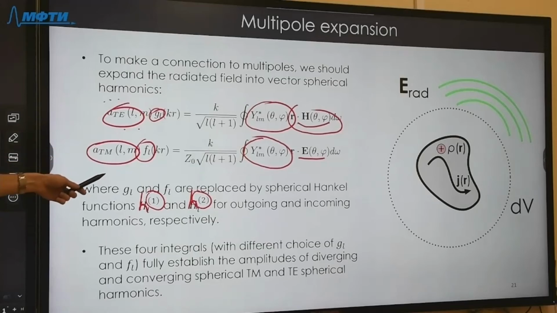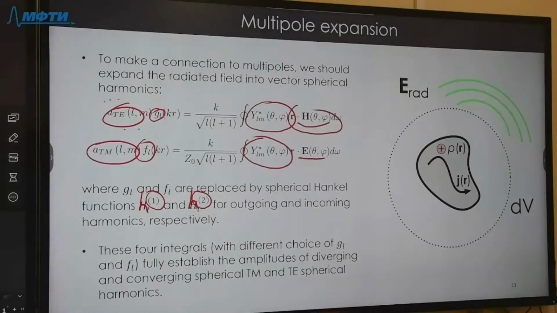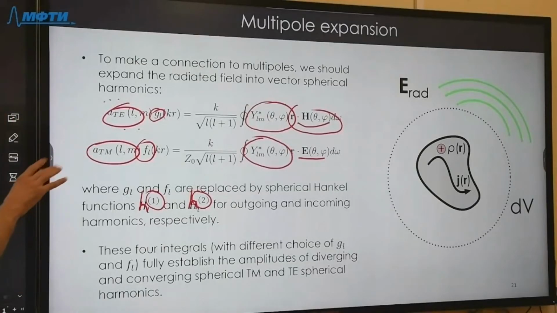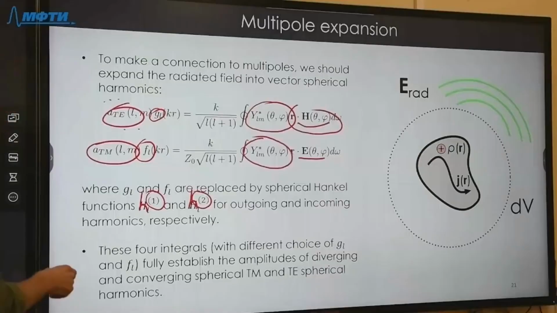And in the end, we're going to have 4 integrals for 2 polarizations and 2 kinds of Hankel function that fully determine the amplitudes of all divergent and convergent spherical harmonics.